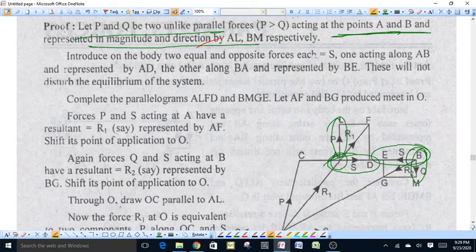Now at point A we have two forces, one along AL and the other along AD, and their resultant will be equal to R1 along the diagonal of the parallelogram ADFL, that is, AF will be the resultant of these two forces acting at point A. Similarly, the resultant of forces S and Q acting at point B will be the diagonal of the parallelogram BEGM, acting along BG. Suppose this is equal to R2.